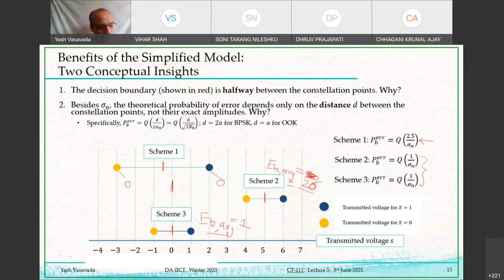This should give you an idea of why BPSK is a popular modulation scheme. You can convert both scheme 1 and scheme 2 into a BPSK version, which is always centered at 0. It is always going to be more energy efficient than the other alternatives, while giving the same performance.